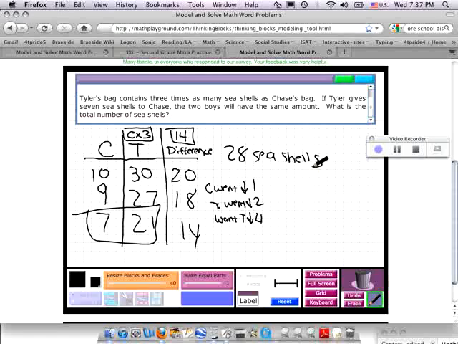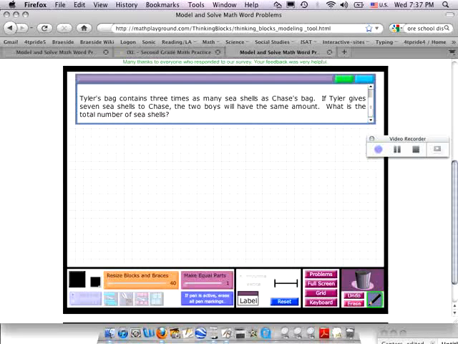All right, let me show you how to solve this now if you thought about it using blocks. If you thought about it using blocks, you would have done, and this is kind of algebra here, Chase, and then you would have pulled a block out, and Tyler has 3 times as many. So if that's Chase, then Tyler is 1, 2, 3.